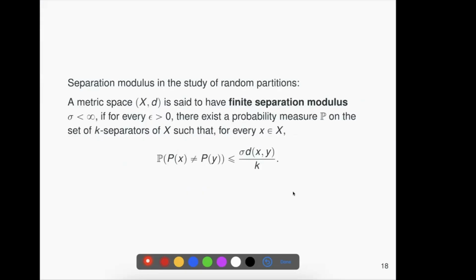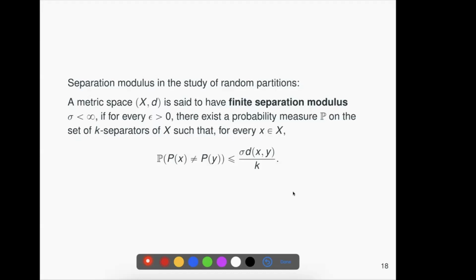You can compare it to this notion of separation modulus in the study of random partitions. This notion is quite important in various problems like Lipschitz extension. So let's take a look at this definition and compare it to strong hyperfiniteness.